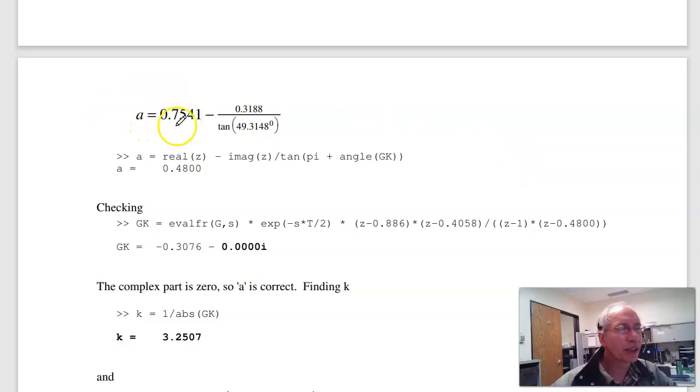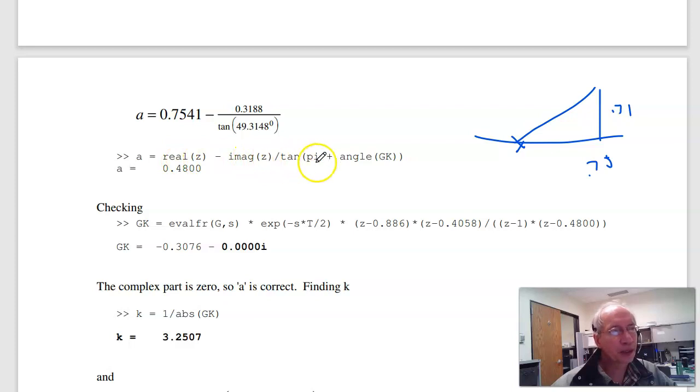It's 0.75, the real part of z, minus the complex part over the tangent. A little bit of trig. So this point right here, complex part is 0.31, real part's 0.75. I'm going to go left of 0.75 by this distance. Or in MATLAB, it's the real part of z minus complex part of z over the tangent of 180 degrees minus the angle.